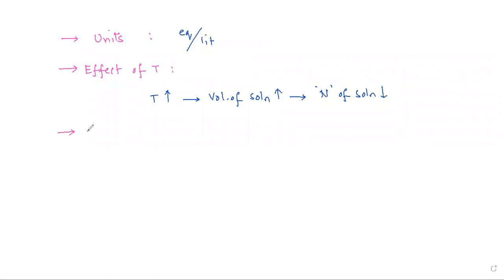Now, different types of solutions on the basis of their normality. Normal or 1N solution. We know that normality is equal to number of equivalents or gram equivalents by volume in liters.